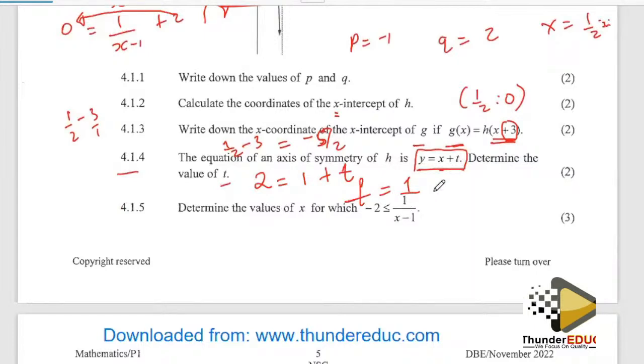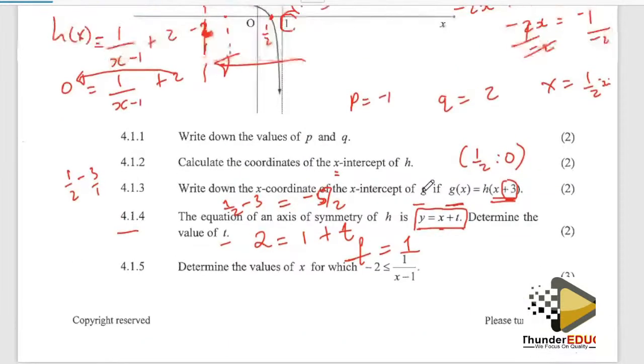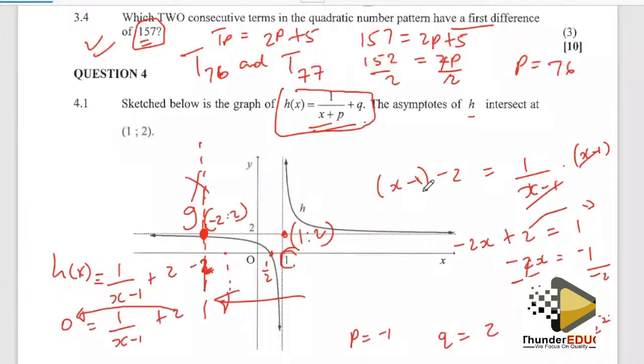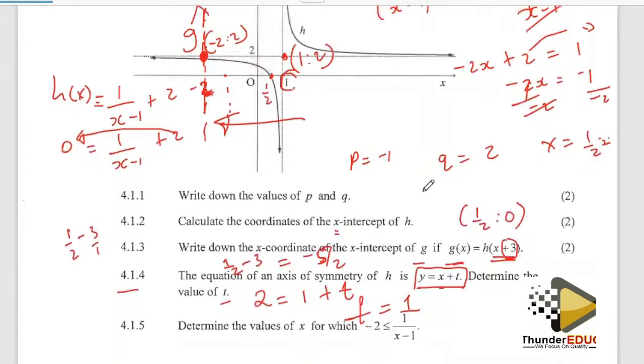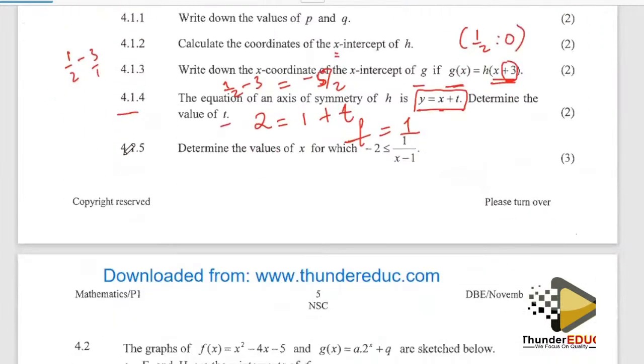Okay, 4.1.5, tell me the values of x for which negative 2 is less or equal to 1 over x minus 1. This was our original graph. I don't know, it's okay. We can determine the values.